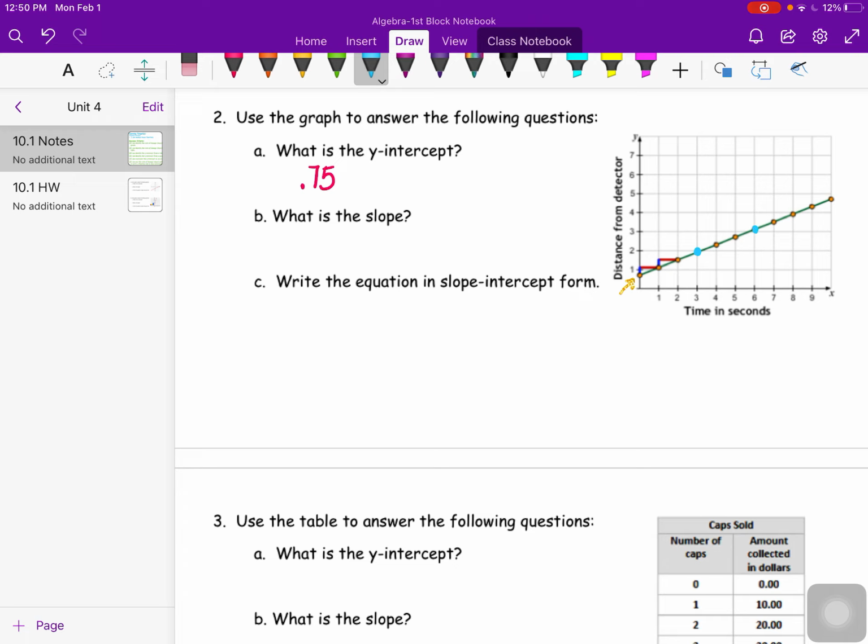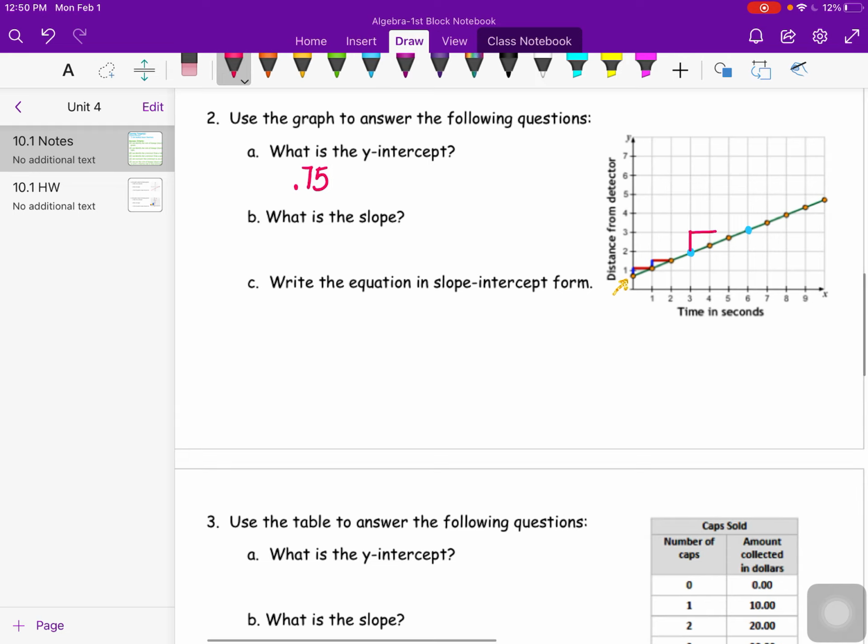So I'm going to draw my slope triangle in, and I'm looking at how far I rise. I rose from 2 to 3, so that's a 1. And then I'm running 1, 2, 3, so I'm running 3. I take those two numbers and divide them to get my slope: rise or fall over run.